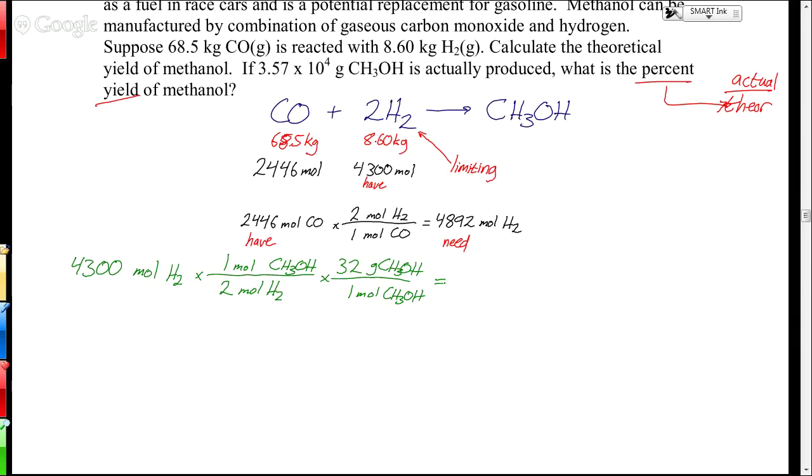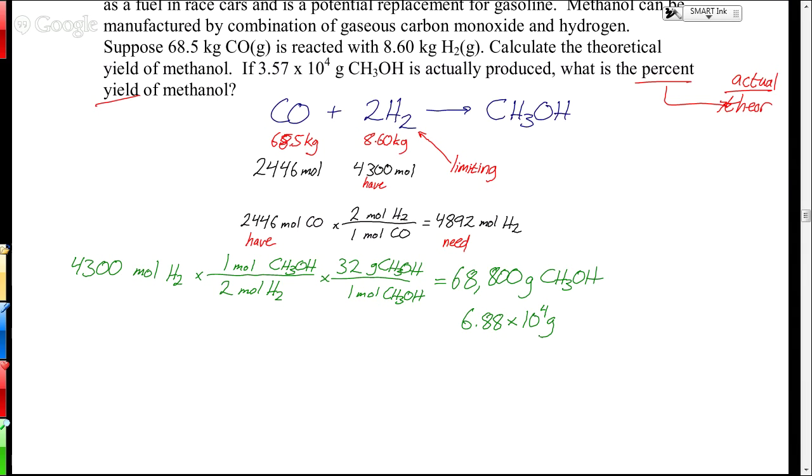So that gives us 68,800 grams of methanol, or 6.88 times 10 to the 4th.